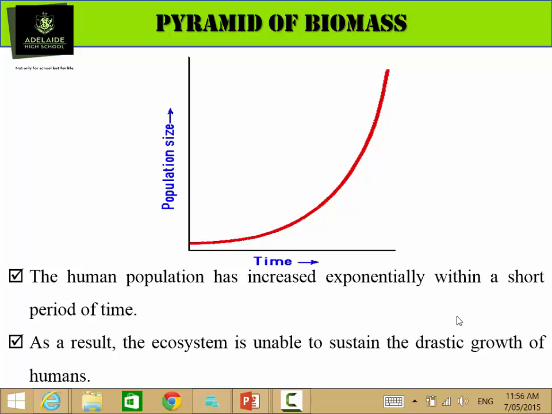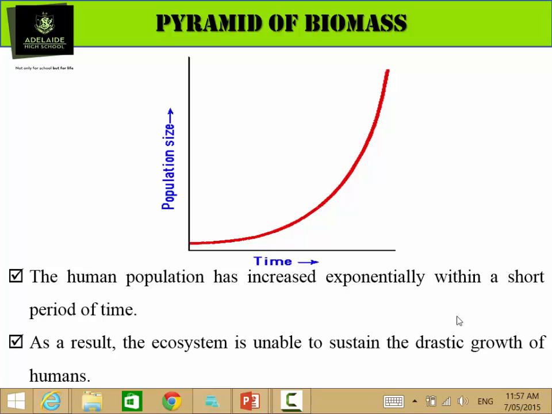This particular slide here is showing you, forget pyramid of biomass, I must have done it wrongly, but I'm going to fix it after this. This here is what you call an exponential growth, but don't worry, I'm not going to ask you about exponential growth. I do ask you about the growth curve model, but I won't ask you about this. This is just here to show you that within a small period of time, your population size just shoots up.